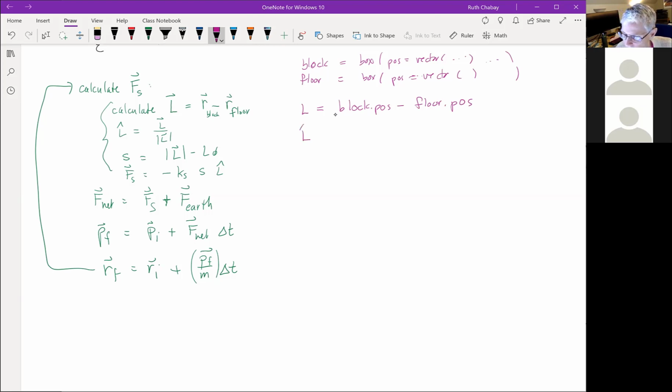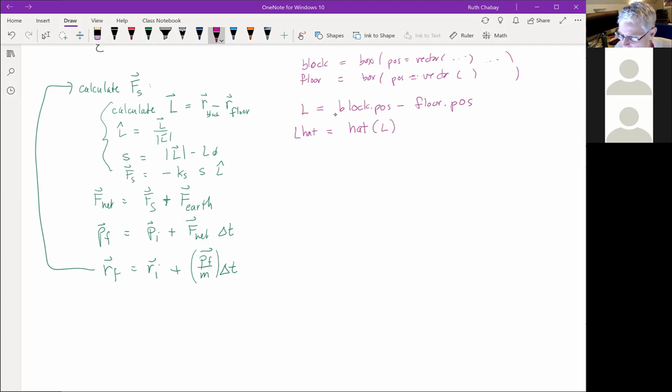Now, L hat, remember that we can calculate it by taking the magnitude of L and dividing that into the vector L, but actually remember there's a VPython function to do that. So we can just say hat of L.